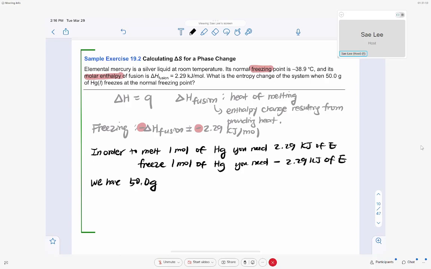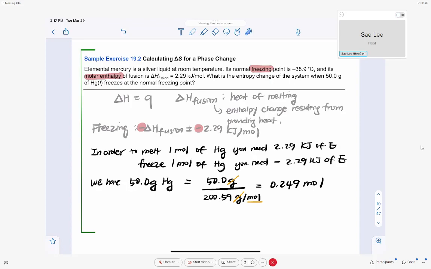So we have 50 grams of mercury, which equals 50 gram divided by the molecular weight of mercury from the periodic table, 200.59 gram per mole. Gram cancels, and you're left with mole, which equals 0.249 mole. Now we have all the information we need. We know that 1 mole of mercury requires this amount of energy to freeze. You have this amount of mercury.